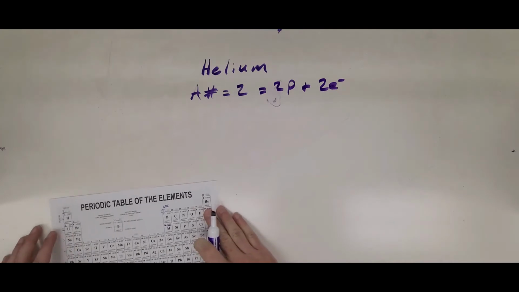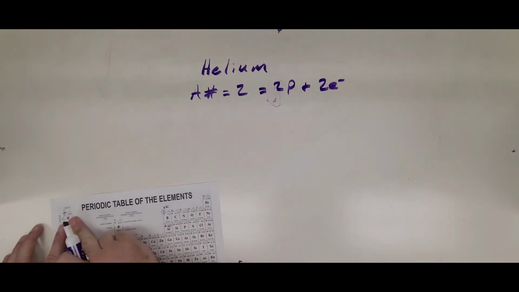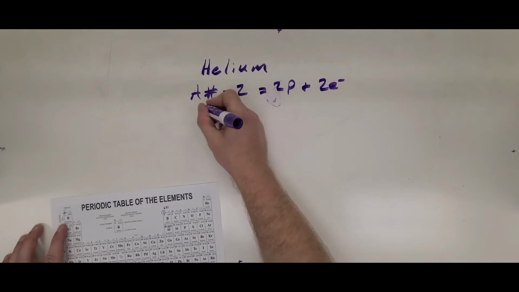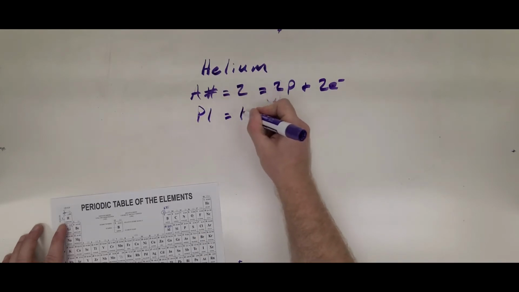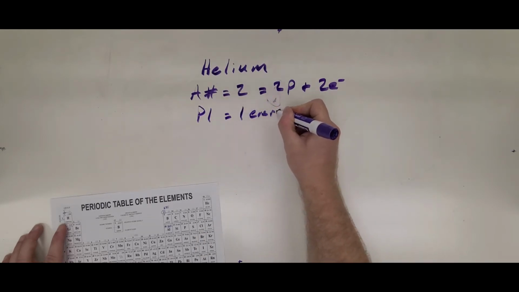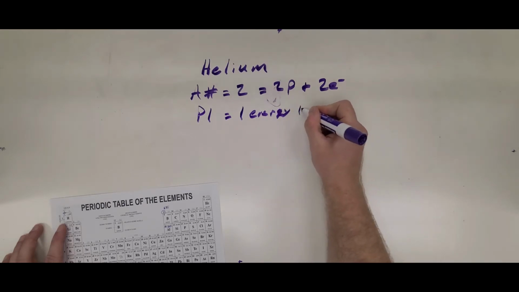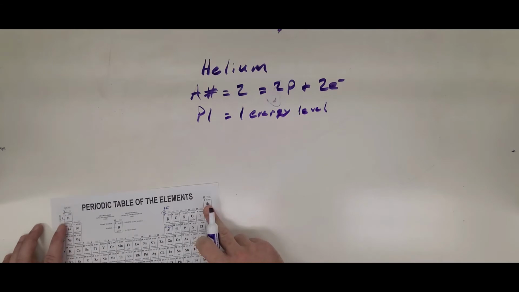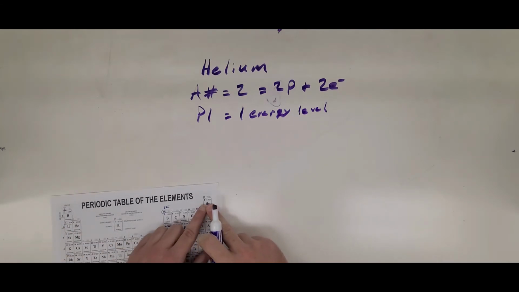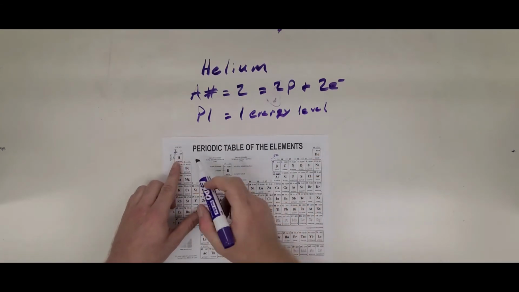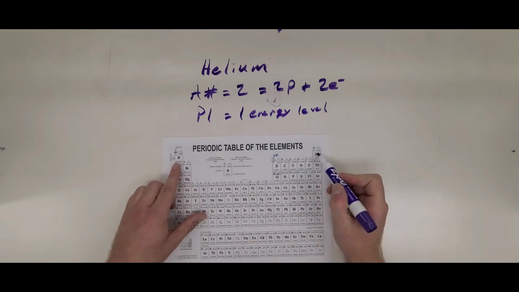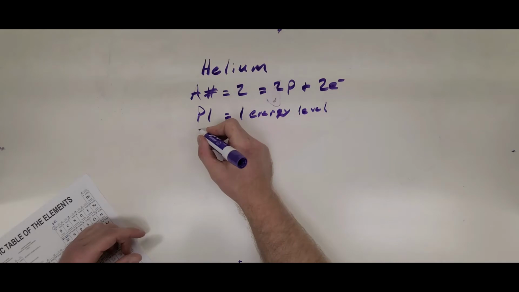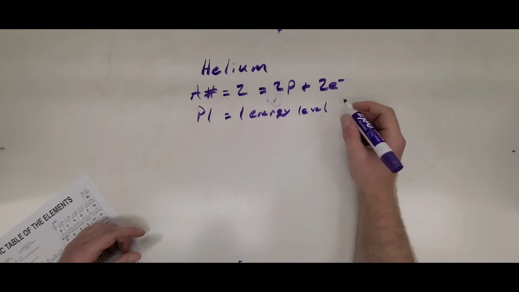And it is in period 1, which means it's going to have 1 energy level. It is the second element in this row. If we look on the periodic table here, it goes 1, 2. So it is only going to have 2 electrons in that energy level.